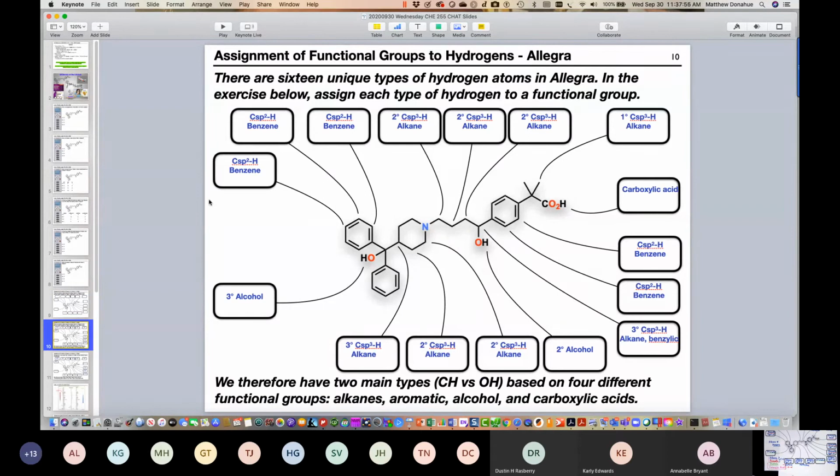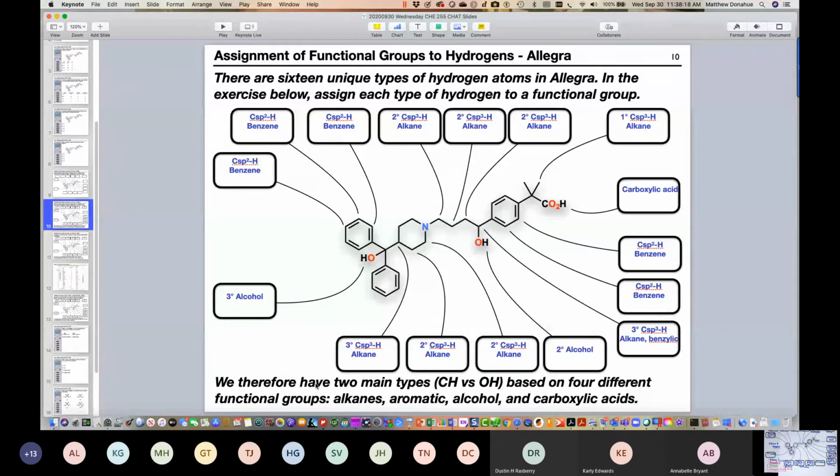And so on our next slide, as you see, we've put in those responses, what we did on the sheet here. So you can see those are now filled in. As we see on the bottom, it says we therefore have two main types, CH versus OH, based on four different functional groups: alkanes, aromatic, alcohol, carboxylic acids.